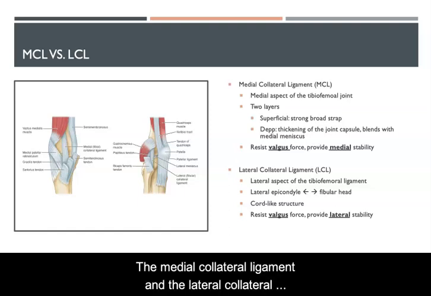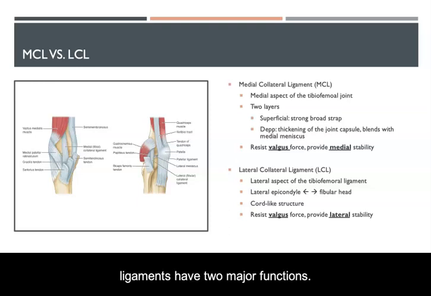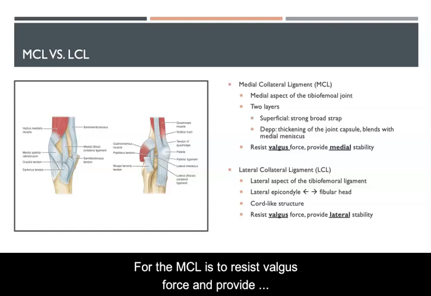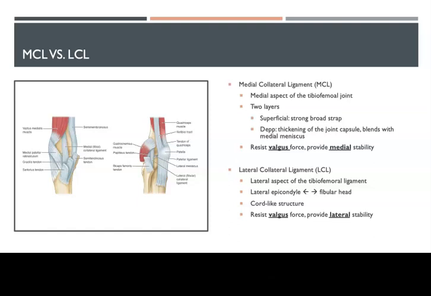The medial collateral ligament and the lateral collateral ligament have two major functions. One, for the MCL, is to resist valgus force, provide medial stability, and resist external rotation of the tibia. For the LCL, it is to resist varus force, provide lateral stability, and resist external rotation of the tibia.